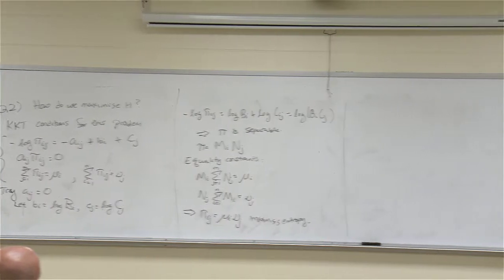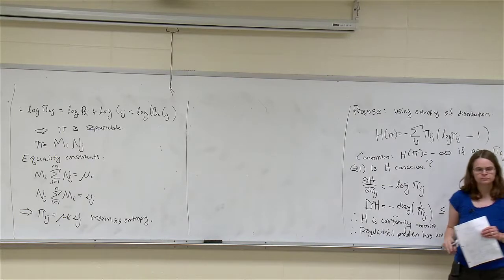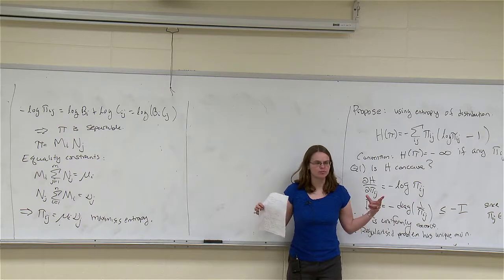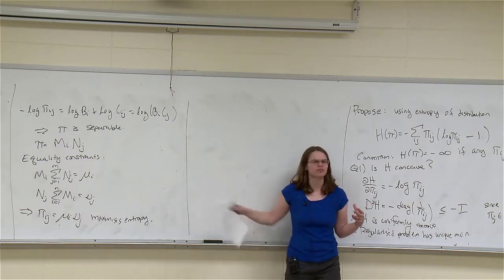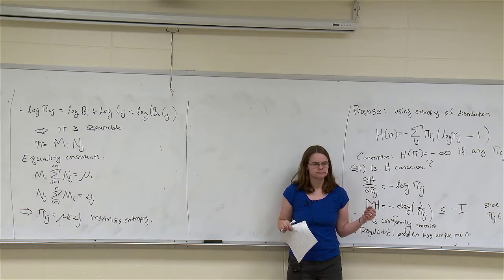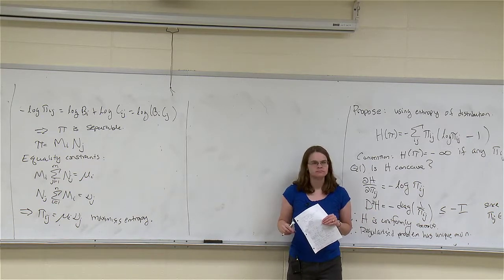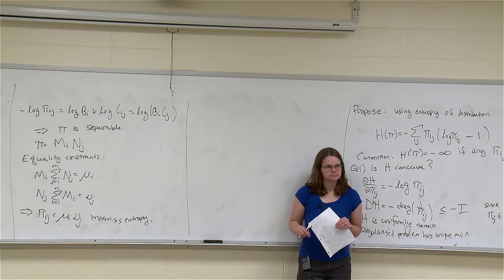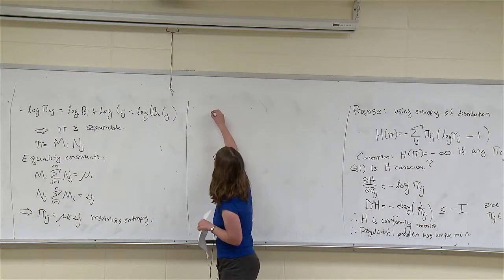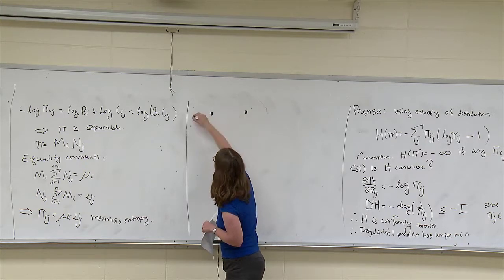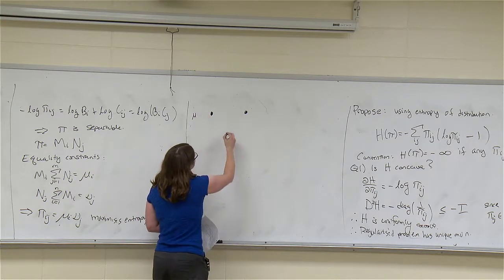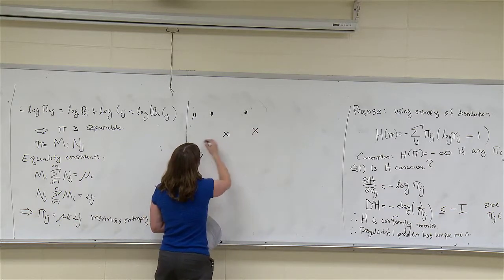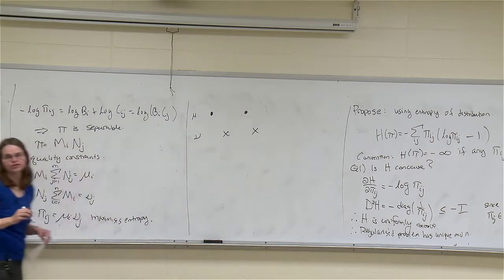So what does that transport plan really look like? Yeah, it's like a product. But in terms of the transport, what's going on in this transport plan? So if I said this was my mu, these two Diracs, and maybe this is my nu, what does this transport plan want to do?